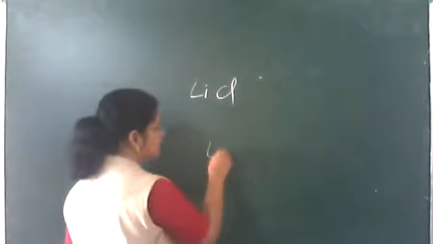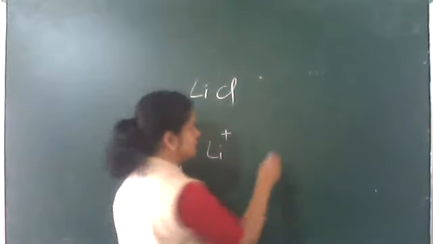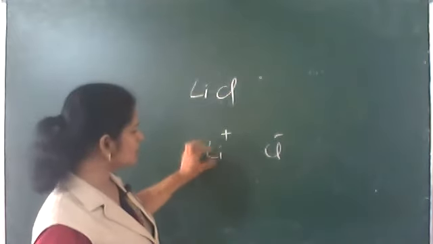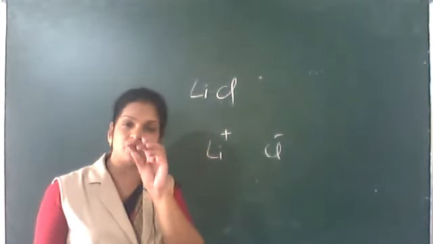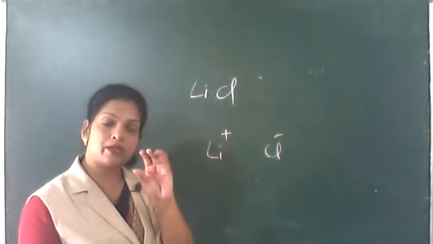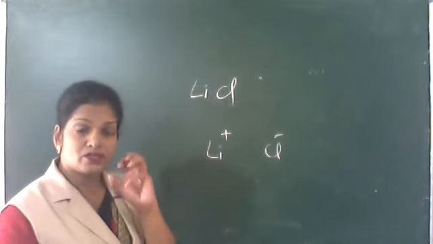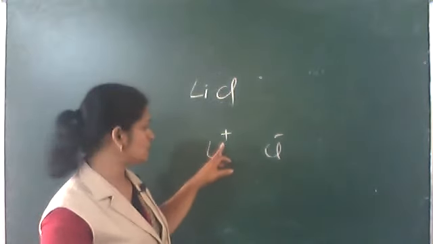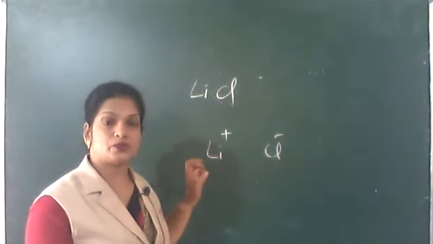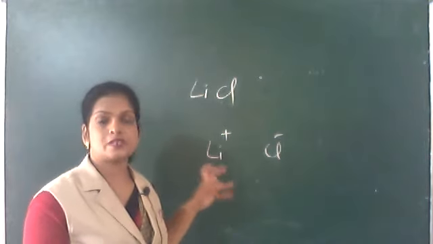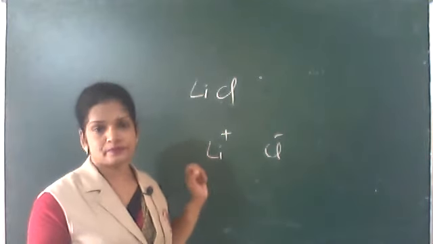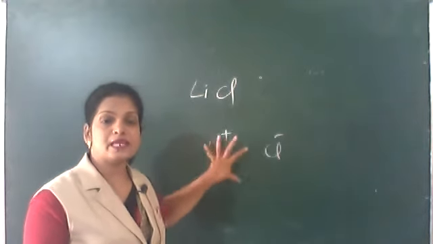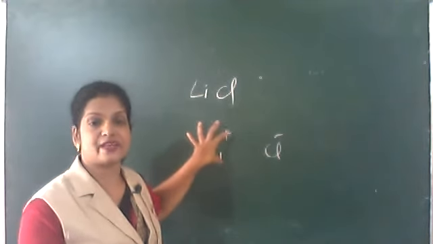Li should change to Li plus and Cl will be changing to Cl minus. But Li's charge upon radius ratio is very high, since Li is small. We say its polarizing power is very high.